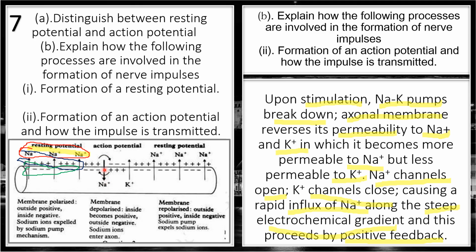Whereas the membrane protein channels for potassium ions will close, preventing further outflow of potassium ions. This is going to cause the inside of the axon to become positively charged and the outside to become negatively charged. There we say the membrane has been depolarized.